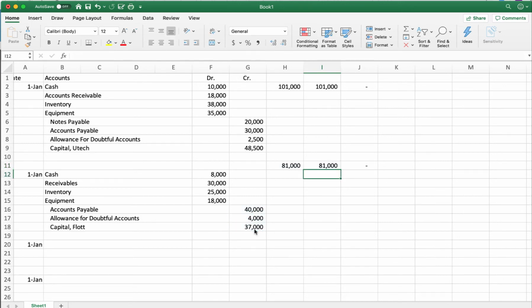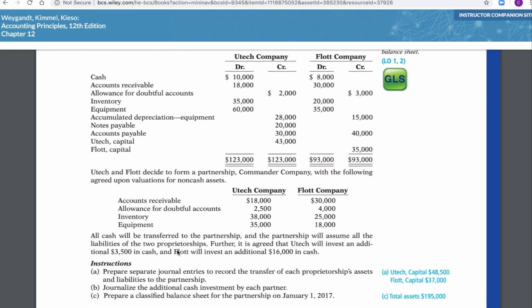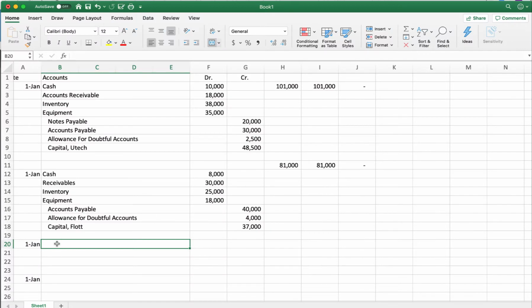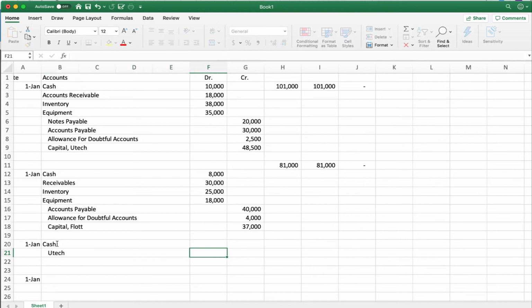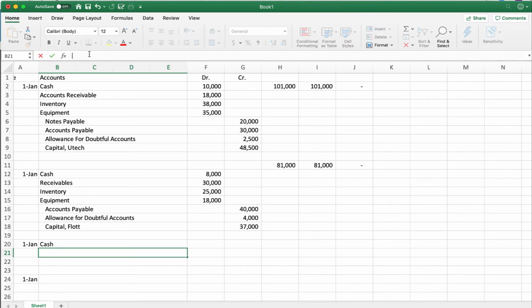Okay? The next thing we need to do is journal the additional cash that each owner of this partnership agreed to contribute. Okay? So we know that, actually let's change that to capital.